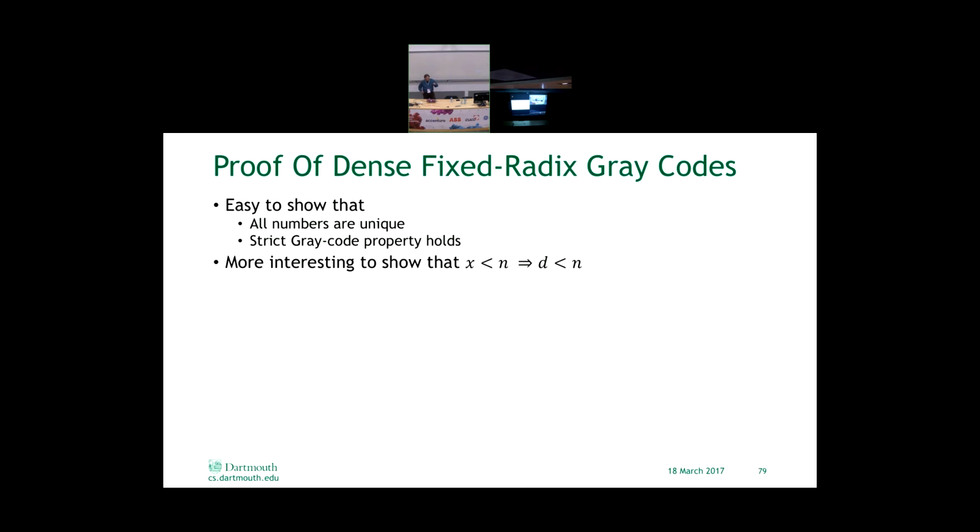All right, so what that tells us is not only are all the digits to the left of j equal in x and n, but it also says that when I divide by r to the i plus 1 and take the floor, those are going to be equal for all those positions. For i equal j all the way up through k minus 1, those are going to be equal.